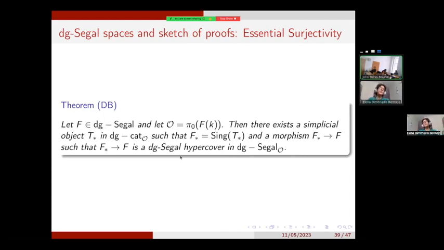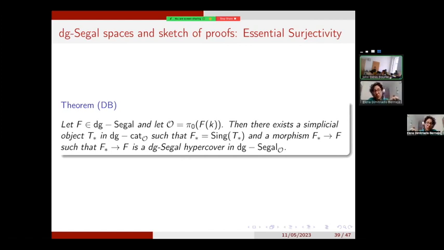And now, again, we can chop things to bits. If we have a DG simplicial space, there exists a simplicial object in DG categories whose image by sing makes a DG simplicial hypercover in DG simplicial spaces.